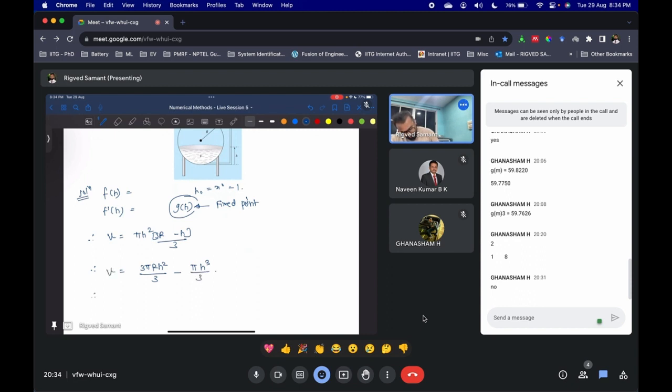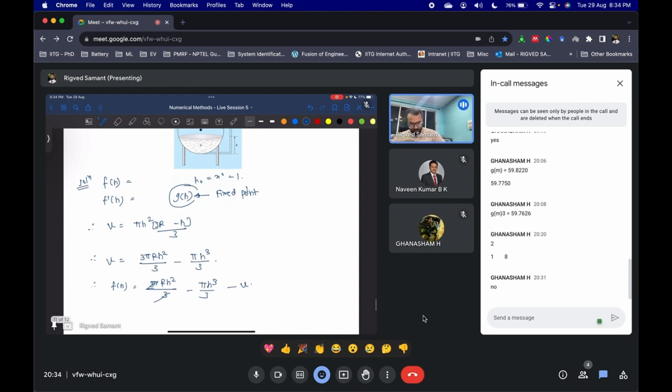Therefore the function of h would be, if I take v to that side, it becomes a function of h only: 3 pi r h square by 3 minus pi h cube divided by 3, so the 3 gets cancelled, and this is your function of h.